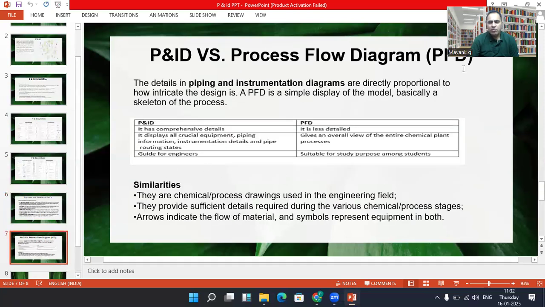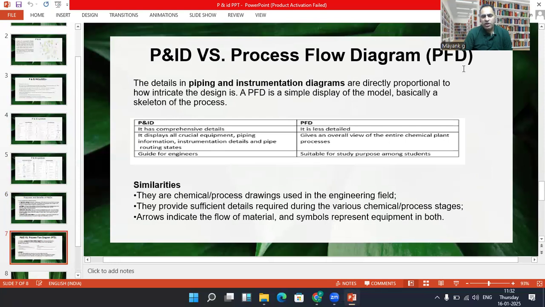Now, PNID and process flow diagram. Many times people get confused between the PNID and the process flow diagram. So here I've covered a brief differentiation between both of these.